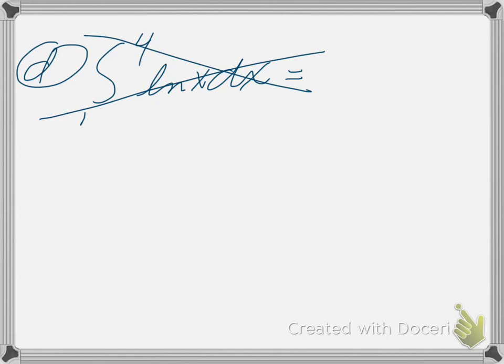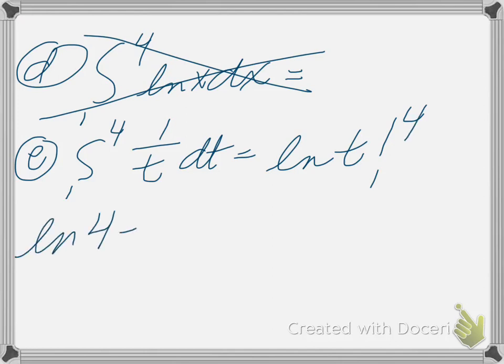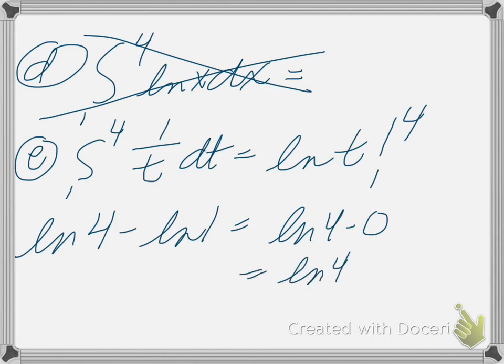That's D. Okay, and then E is this. So the antiderivative of 1 over t is ln t as it goes from 1 to 4. Substitute 4, substitute 1. Well, ln of 1, hopefully you should know, is 0. So this just equals ln of 4, and that matches, so that is choice E.